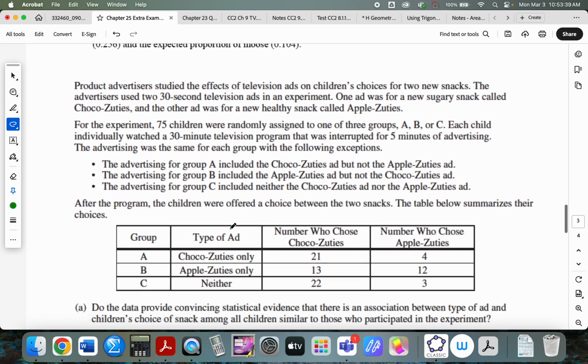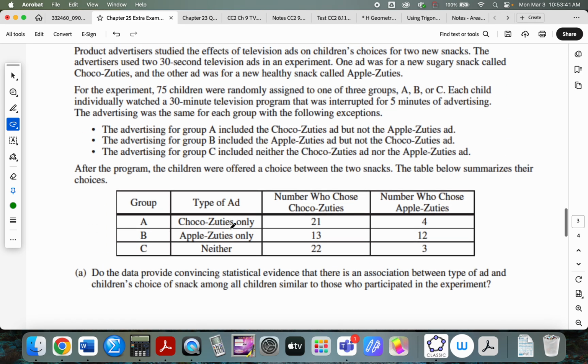So here is a different problem. Product advertisers studied the effects of television ads on children's choices for 2 new snacks. The advertisers use 2 30-second television ads in an experiment.